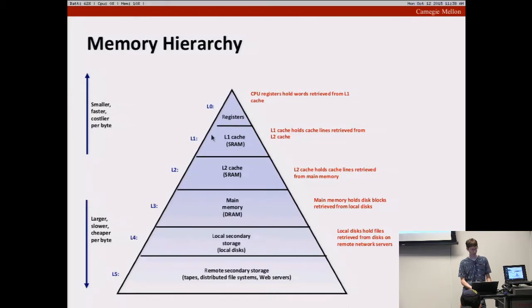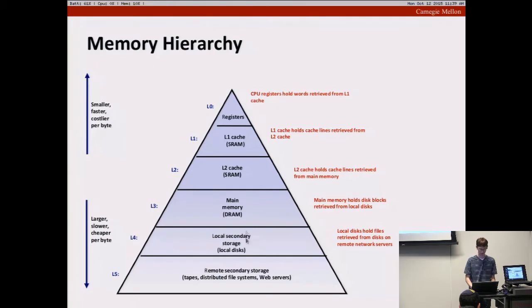So what we do is we put some levels of cache in between. Each level is just going to access the stuff from the level below it. If something's not in your register and you need to get it, it's first going to check if it's in the level 1 cache. If it's not in the level 1 cache, it'll check the level 2 cache. If it's not there, it'll check main memory. If it's not there, it might have to go all the way to your hard disk and load it from there.